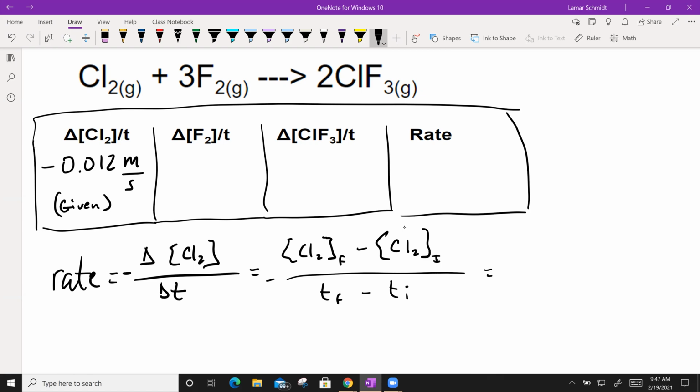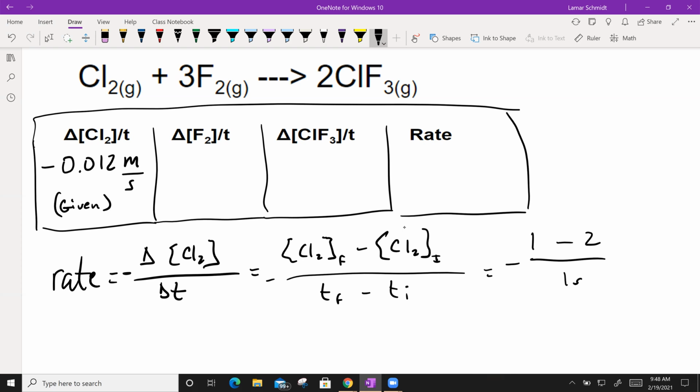So for instance, let's just make this real simple. Let's say that we had an initial concentration of 2 molar, right? And then the final concentration was 1. So what we would say is 1 minus 2. And let's say that it took 1 second, just to make this as easy as possible.